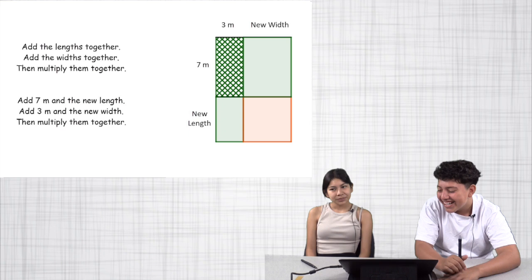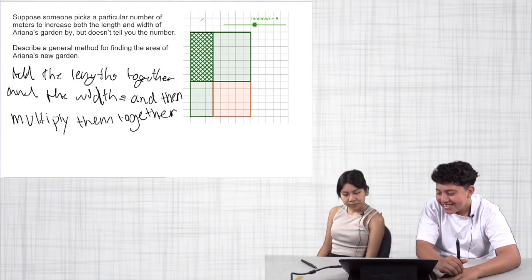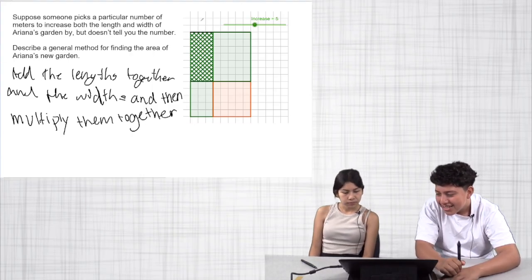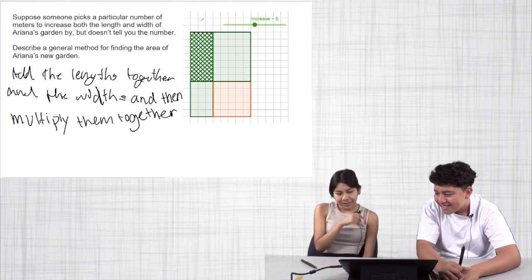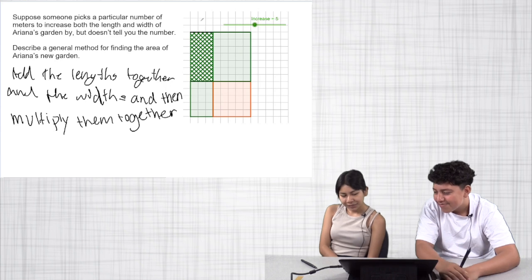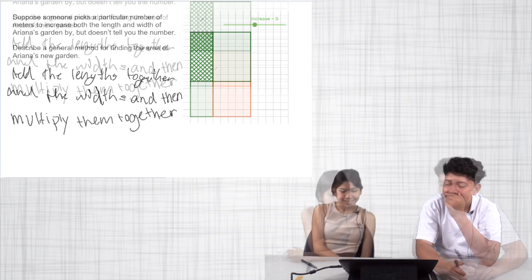Next, Mauricio and Emily write a generalization that expresses their other way of finding the area of Ariana's new garden. How about the other method? How would you find the area of the new garden using the other method? It'd be longer. Can we still get it in words written down?